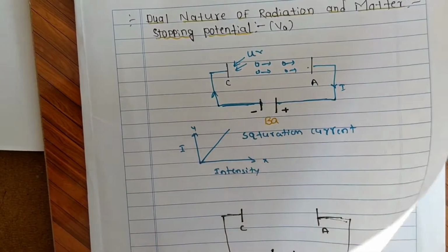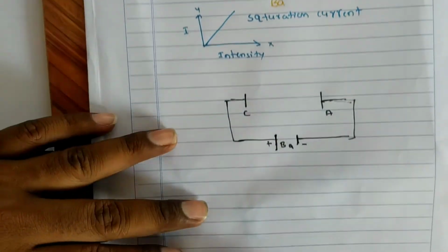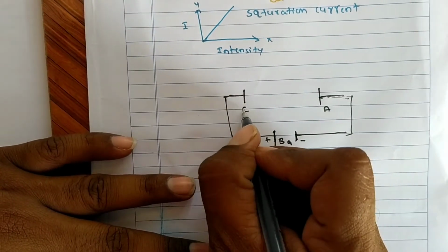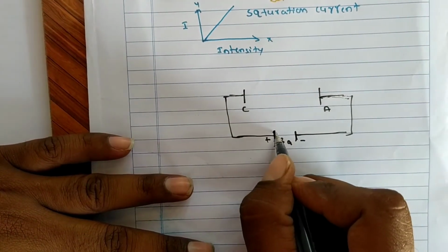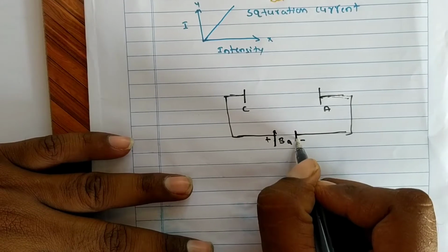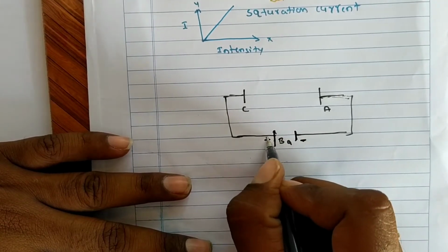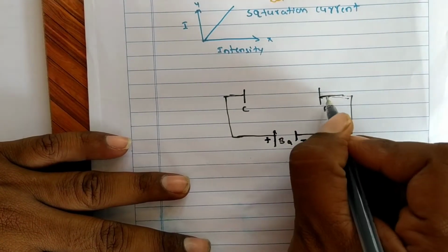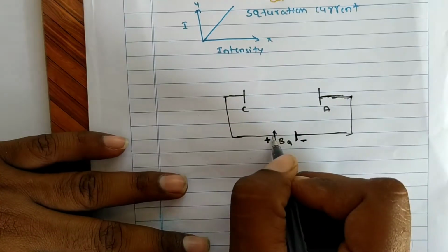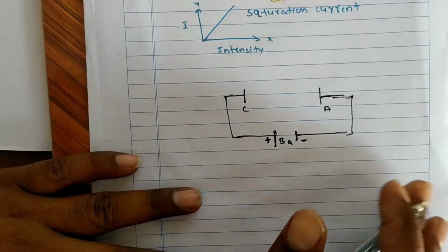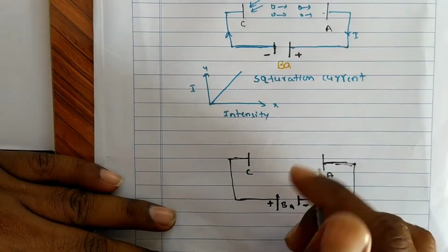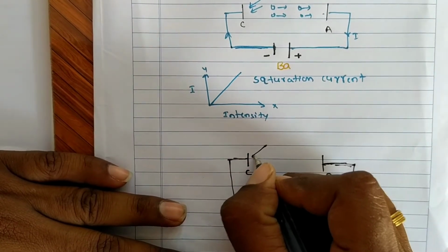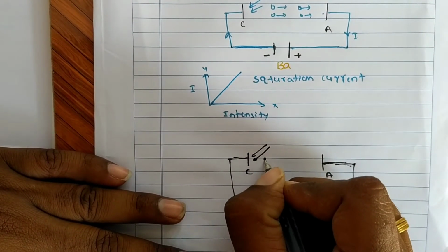In the second figure, this one is the cathode plate and this one is the anode plate. We change the polarity of the battery. This one is negative and this one is positive. Negative potential is given to the anode and positive potential to the cathode. When UV radiation falls on the plate, electrons are liberated.